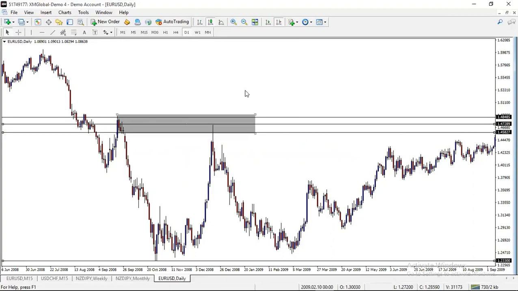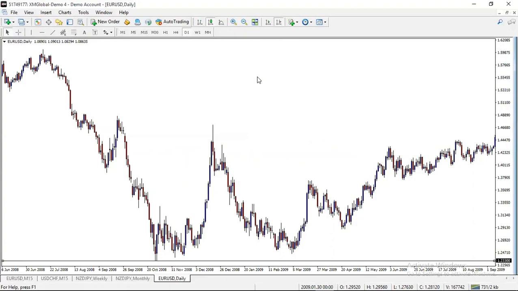So it can reject anywhere. But if you had just that price, it was not going to get the reaction. Same as this, same as this.